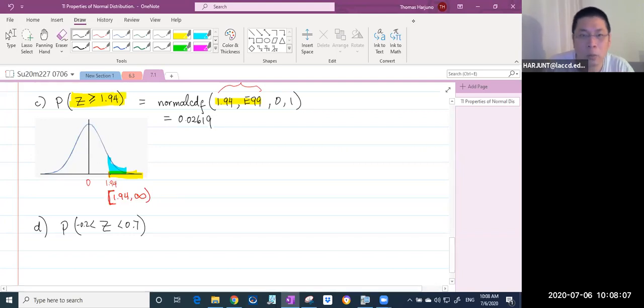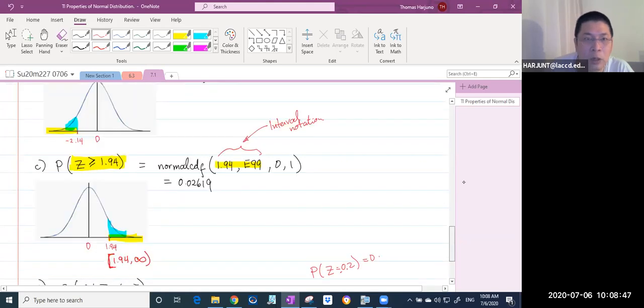Does it matter whether the sign is inclusive or exclusive, with or without the equal sign? For a continuous distribution, with or without the equal sign doesn't make a difference. Even if I put an equal sign here and here, it will not change anything, because the probability that Z is exactly negative 0.2 is basically 0. It's continuous, right?